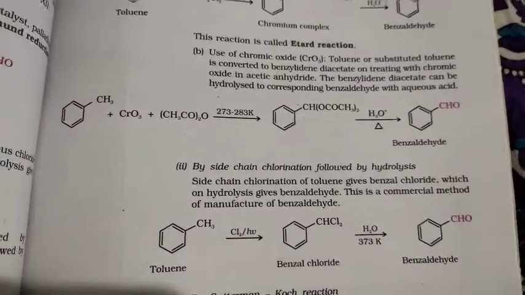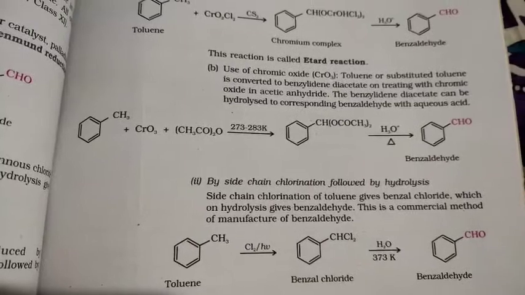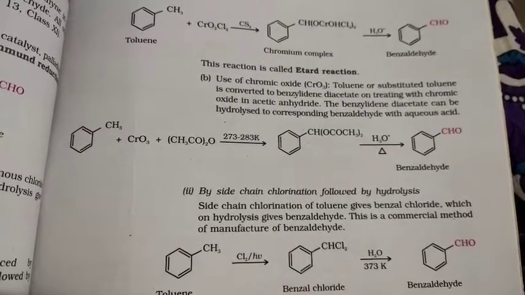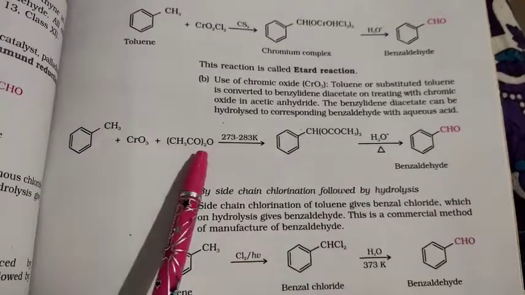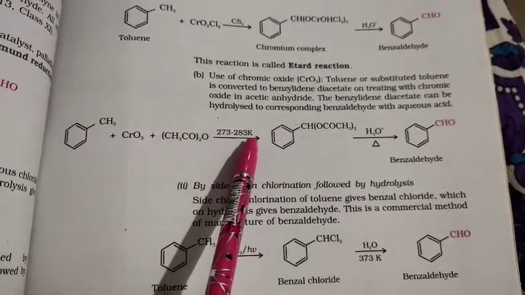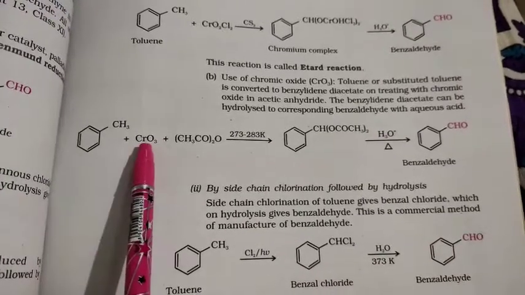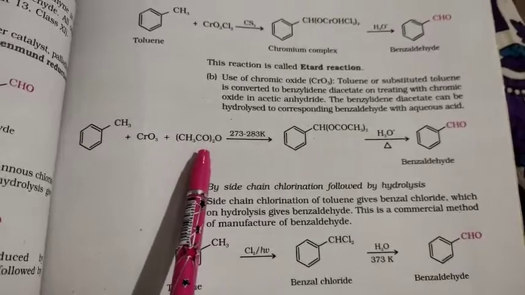There are many ways of preparing benzaldehyde from toluene. One of the ways that we have seen is the Etard reaction, in which we used chromyl chloride and carbon disulfide. Here we are going to use chromium oxide and acetic anhydride at a temperature of 273 to 283 Kelvin. So basically we will take the toluene and react it with chromium oxide in the presence of acetic anhydride.